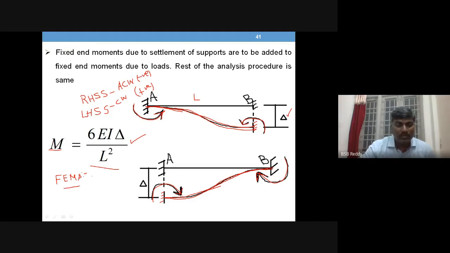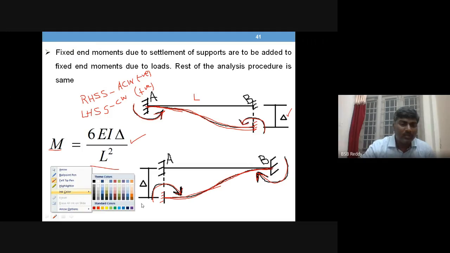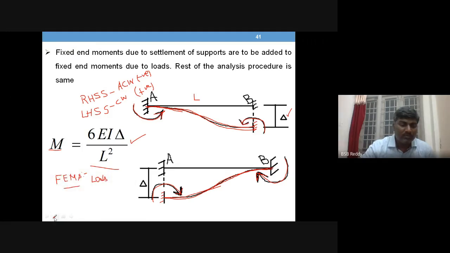What you are going to do now is write the fixed end moment values for the corresponding loads given. I mean, you will have both the sinking effect as well as loads.